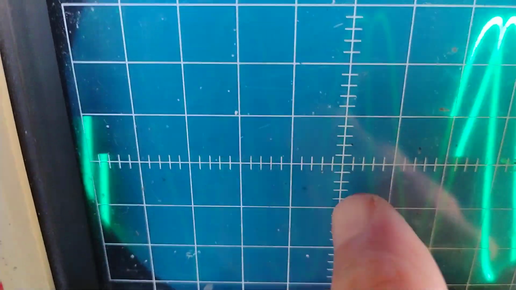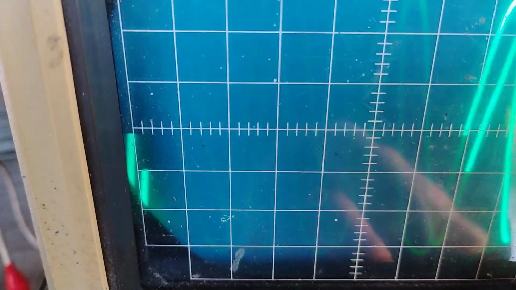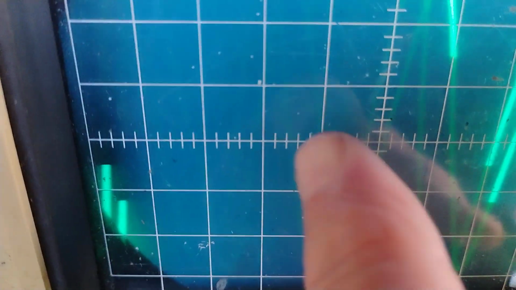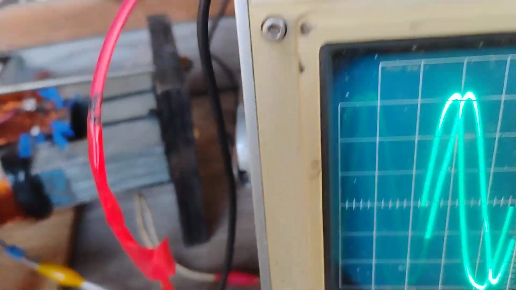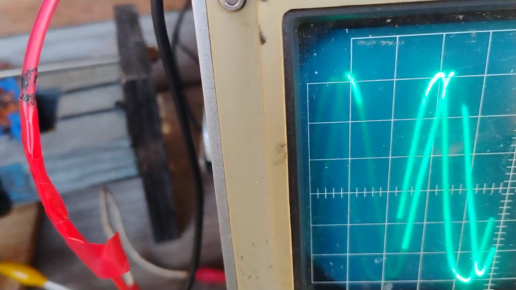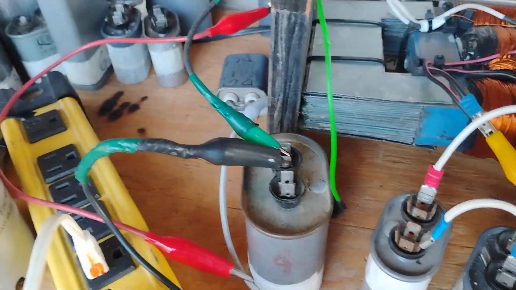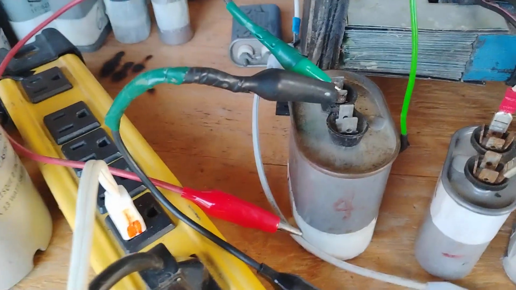I count about 13. Wow. It's now 3 here. So let's do the math real quick on what the phase shift is. This is without any capacitor in parallel or in series.